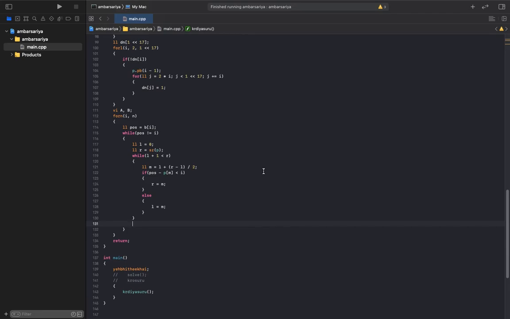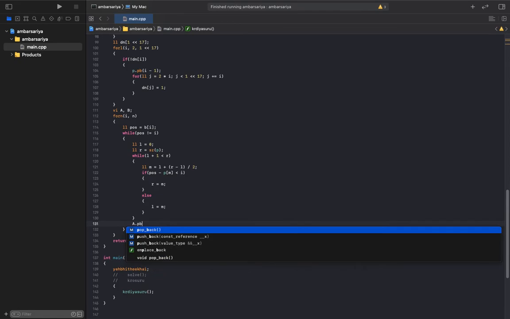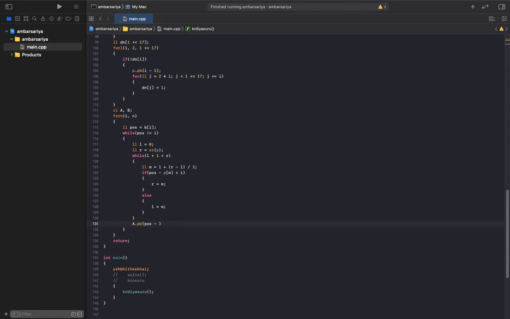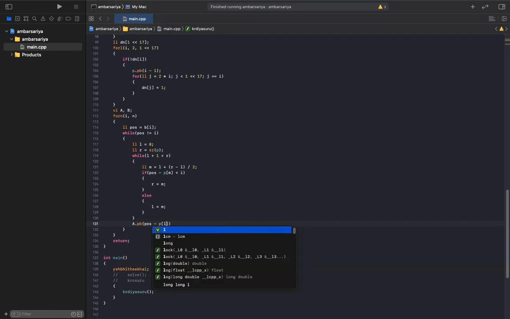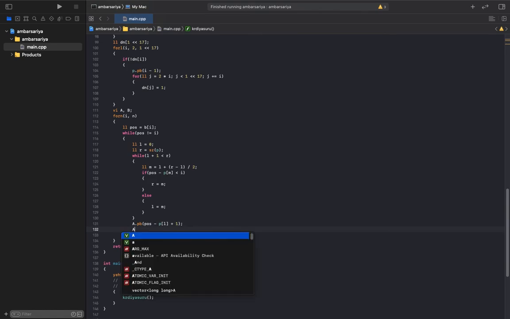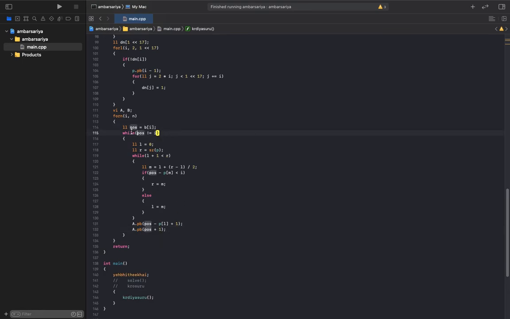I have taken two arrays a and b to store the swaps, like which two I will swap. So I will push position minus p of left plus 1 in A, and swap this with position plus 1, because the current position and the sorted one.